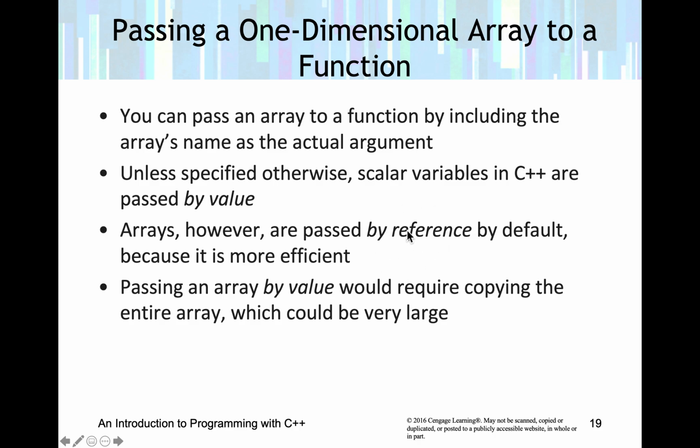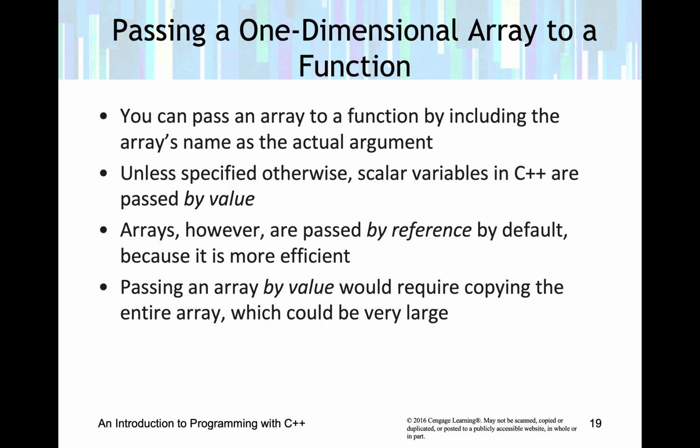So remember earlier when I was drawing the picture of the grades array, the name grades holds the first memory location of your array, and from then on it uses the subscript to calculate the location needed.